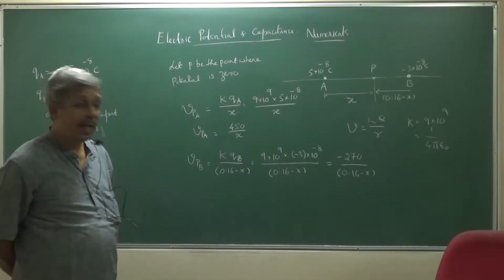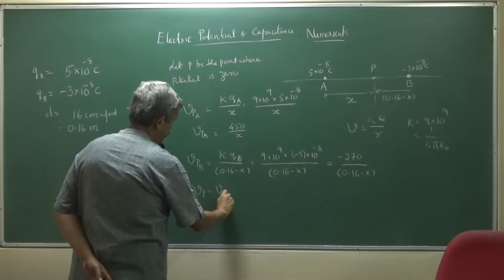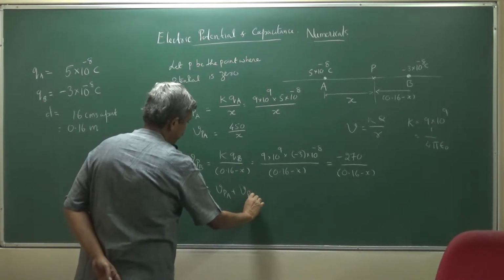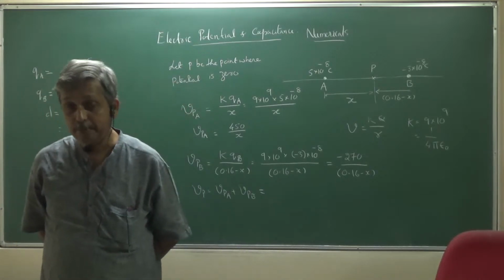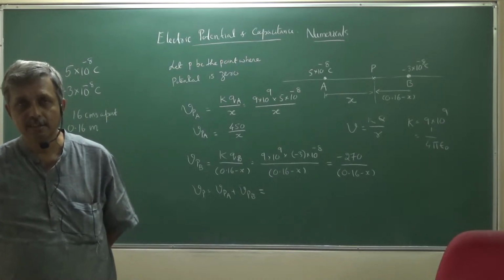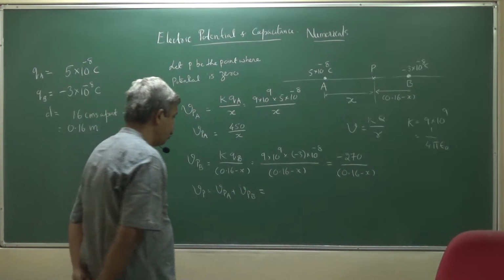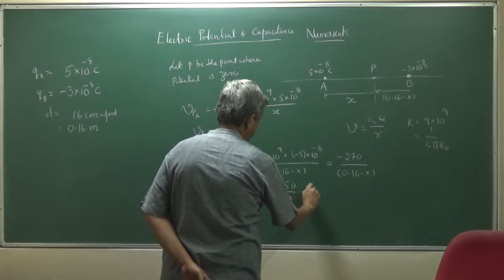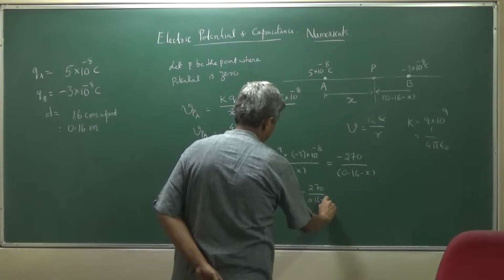So we are going to add them. Potential at point P is simply equal to VPA plus VPB. If you add the potential due to both the charges at that point, we will get the potential at point P, and that would basically be nothing but 450 divided by x minus 270 by 0.16 minus x.